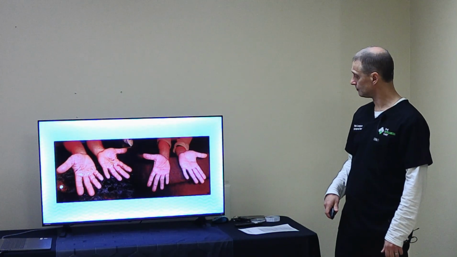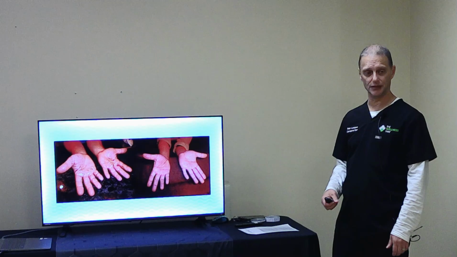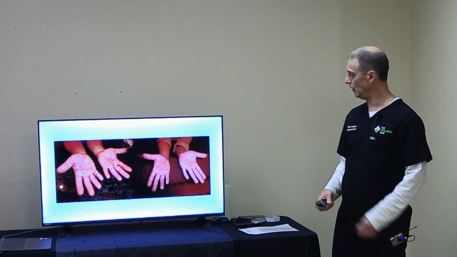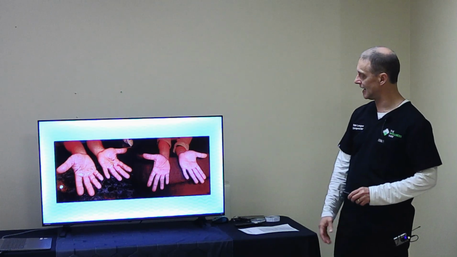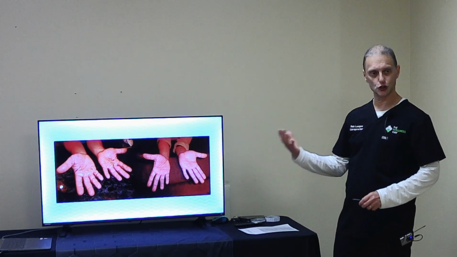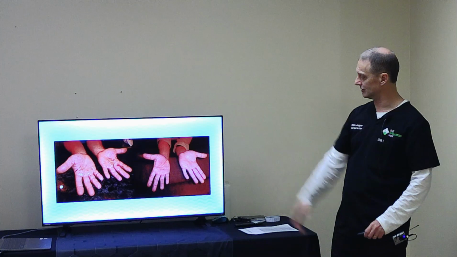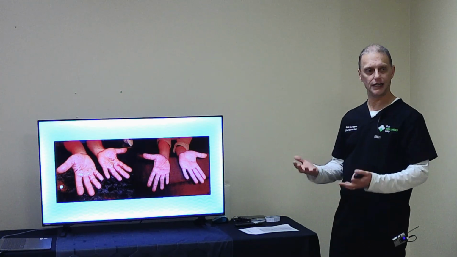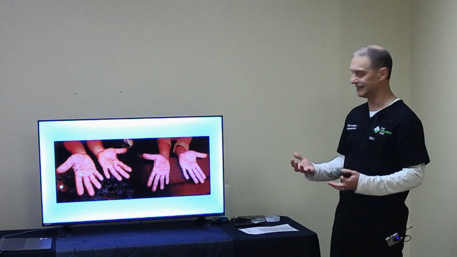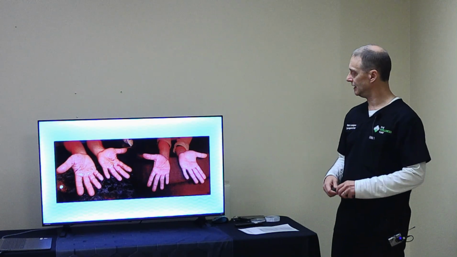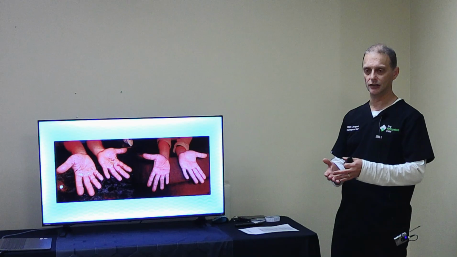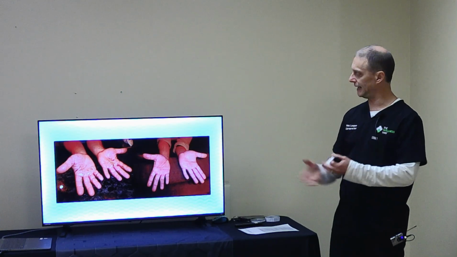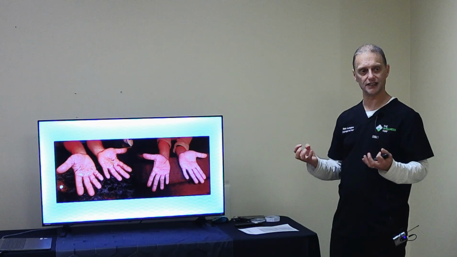So why am I showing you a picture of somebody's hands? Well, this guy's name is Mark. If you look over on the left side, you see hands that are swollen. You can see that there's infection on his hands. He's got severe eczema, and he tried all sorts of creams, all sorts of meds to try and help with it on the surface.